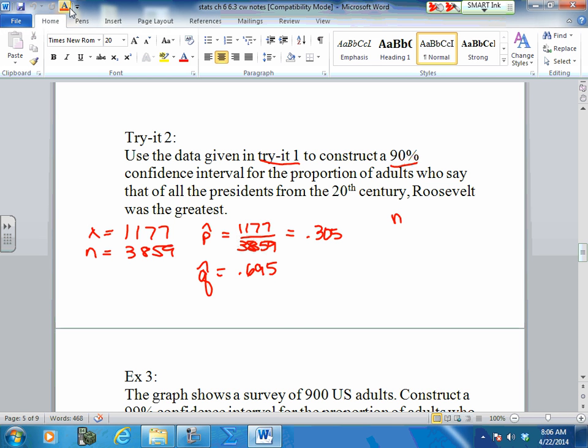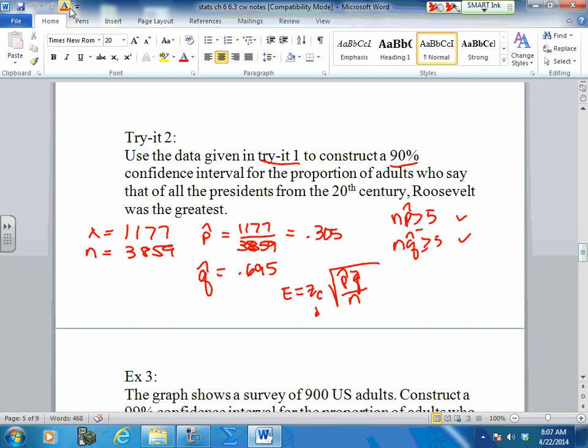Okay, so remember, first thing you got to do is do this test. And the test works when your numbers are that large, unless it's a very, very small percentage. But your percentages are fairly good size. Okay, so now, margin of error says ZC times the square root of p-hat, q-hat over n.